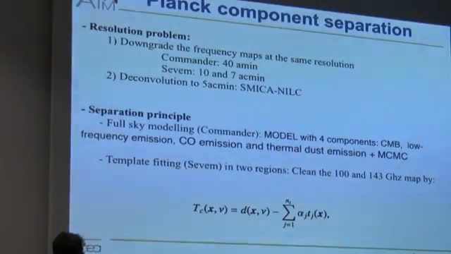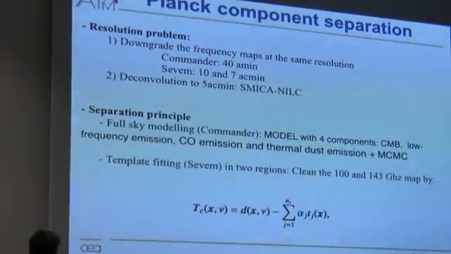Some of the methods just downgrade the maps to the worst resolution, and some others convolve the bad maps to the base resolution. But then you have the noise which is blowing up, and you have to deal with that. And then you need to have a way to constrain the solution in order to get the CMB.